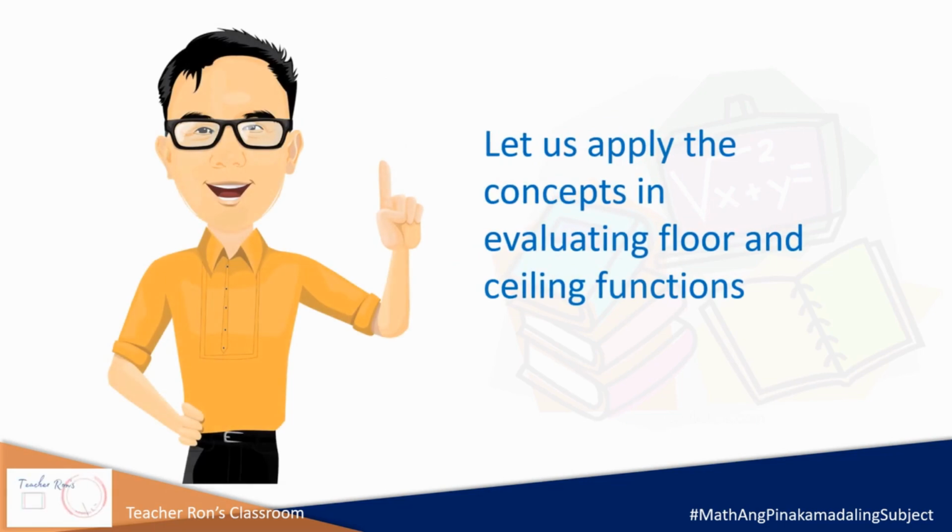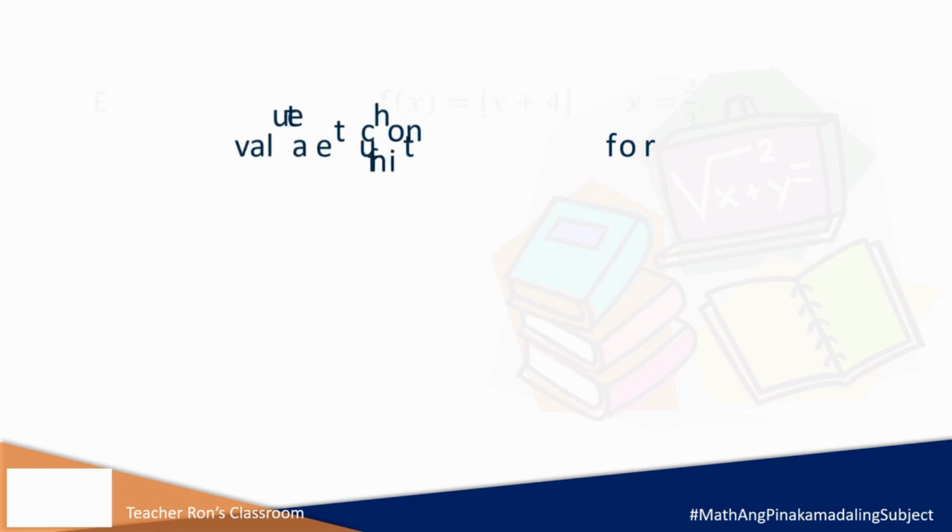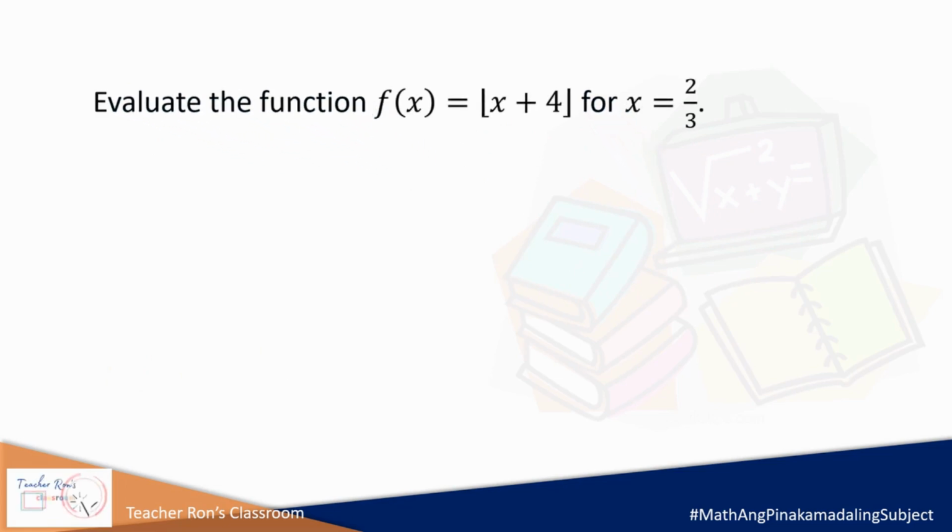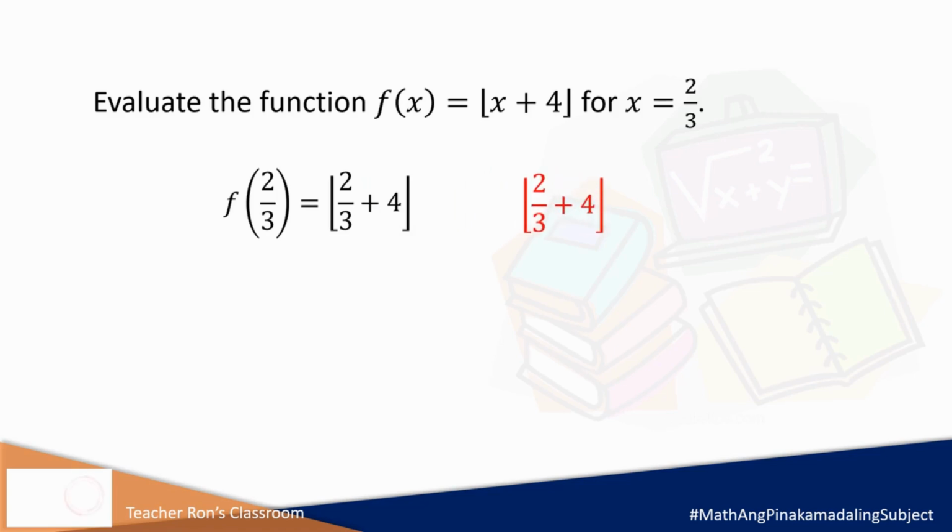Let us apply the concepts in evaluating floor and ceiling functions. For example, evaluate the function f of x equals the floor of x plus 4 for x equals 2/3. Papalitan natin ng x ng 2/3. So we have f of 2/3 equals the floor of 2/3 plus 4. Let us simplify the floor of 2/3 plus 4.